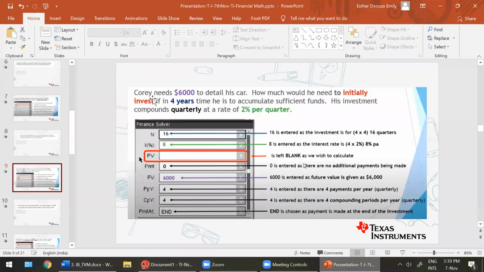And you can now say that Corey will need to invest $4,370.67 at the end of a 4-year period, correct? Yes? I hope that you have understood that question.